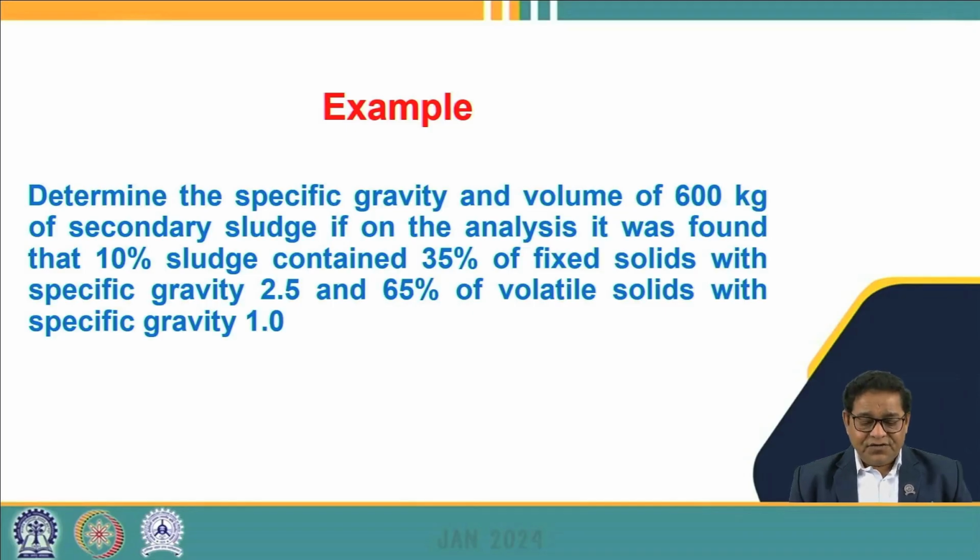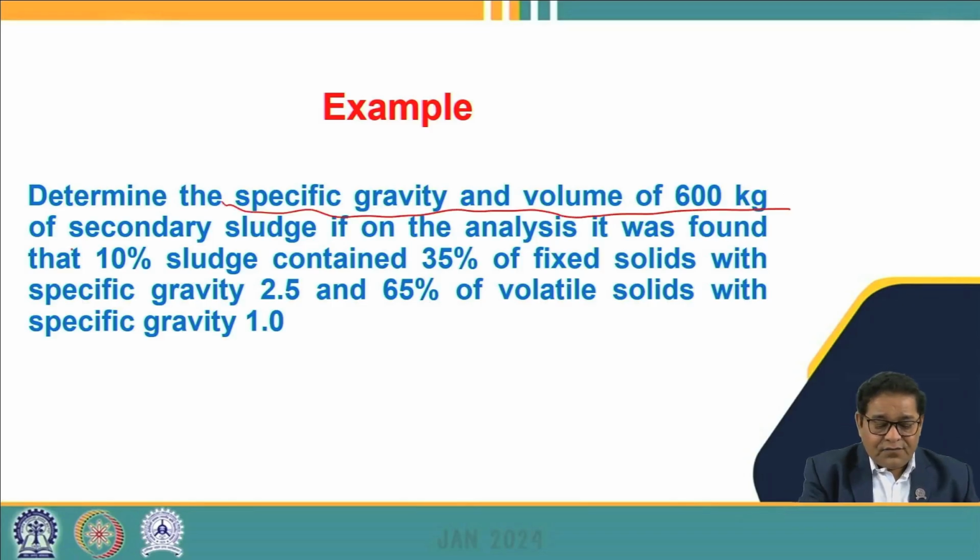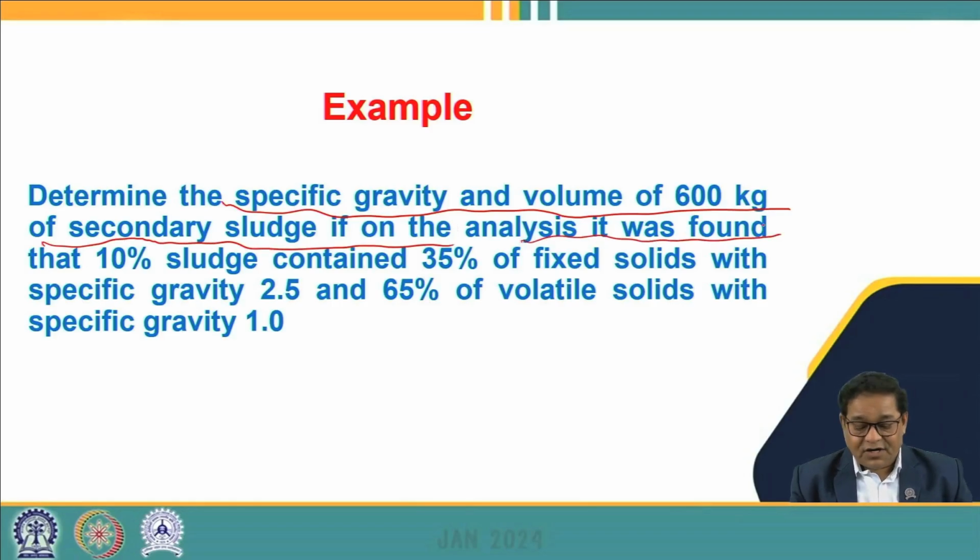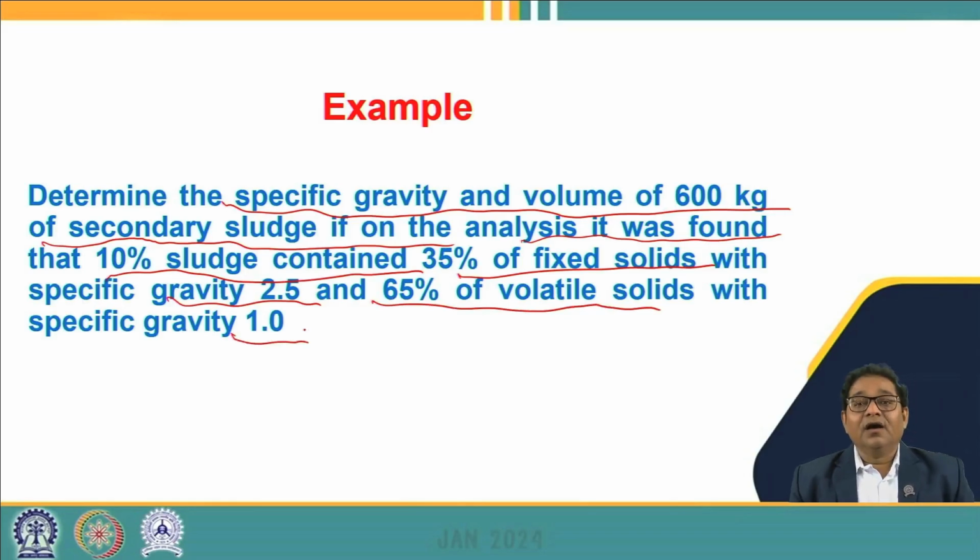So here if we see this example, what it says: determine the specific gravity and volume of 600 kg of secondary sludge if on analysis it was found that 10% of the sludge contained 30% of the fixed solids having a specific gravity 2.5, and the rest 65% of the volatile solids with specific gravity equal to 1.